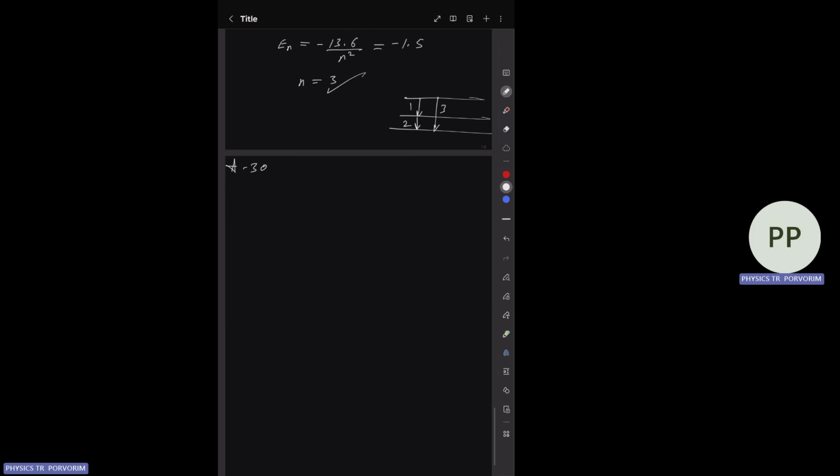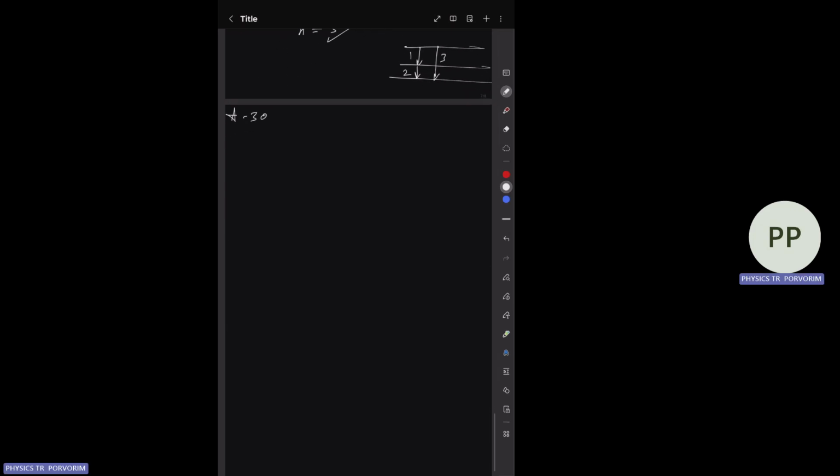Now question 30. In Rutherford experiment, if the number of particles scattered at 90-degree angle is x per second, then the number of particles scattered per second at 60-degree angle is nx. Find the value of n. In this question, we know the number of particles is inversely proportional to sine to the power 4 of theta by 2.